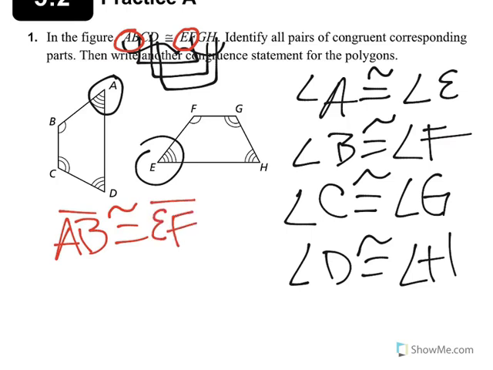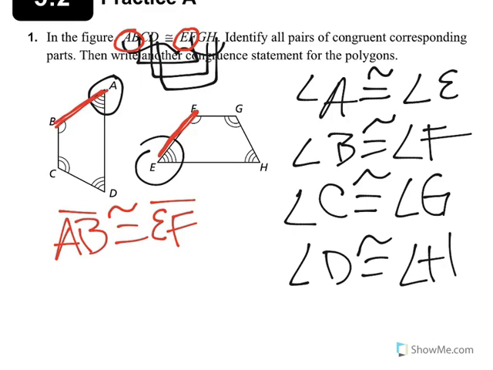Okay, and you can do that looking at your congruence statement all day long, or you can take a look at the picture. We just did AB, so we went from 4 arc marks to 1 arc mark, and then we looked at the second picture, and we went from 4 arc marks to 1 arc mark. Okay, so that's where we got our EF from.